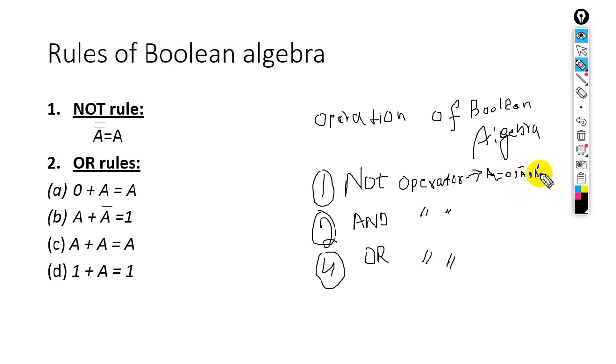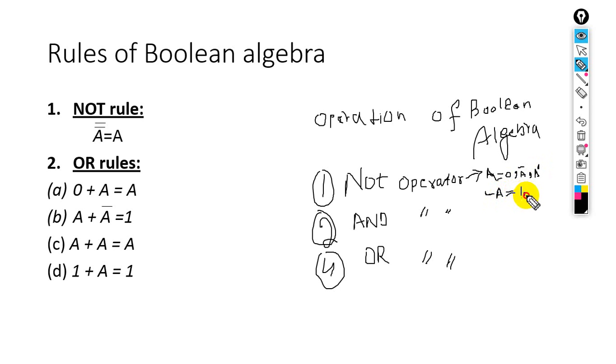This single quote is also used for the representation of the not operator. We can also say negation of a or complement of a. So if a is equal to 0, then a bar is equal to 1.